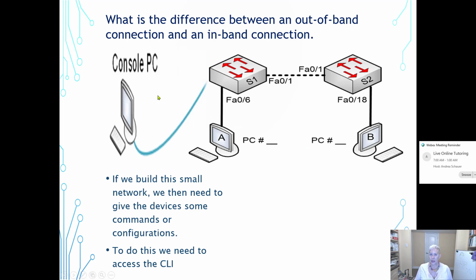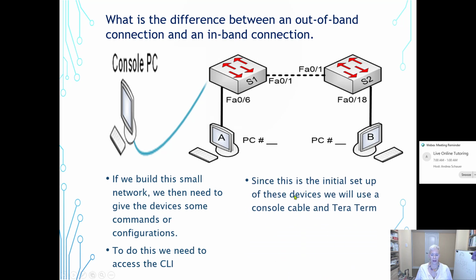What I need to do is connect a console PC. So this is a separate third PC. Since this is the initial setup of these devices, we will use the console cable. Again, these devices have never been set up. So I've got to use a console PC and a console cable, which was that blue cable that we saw a few slides ago.